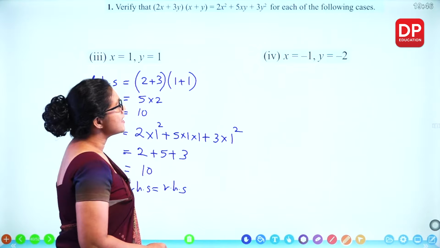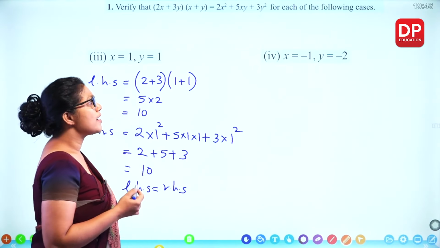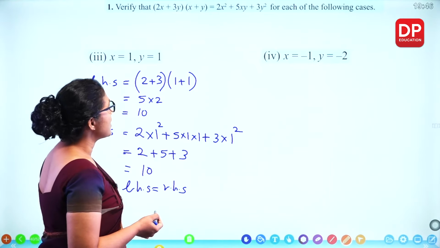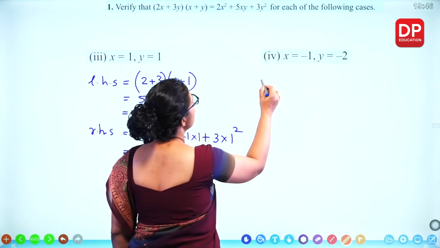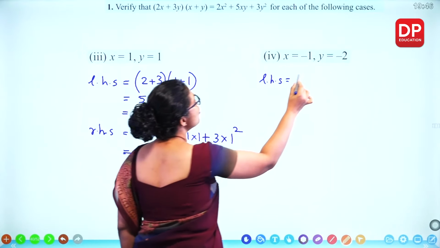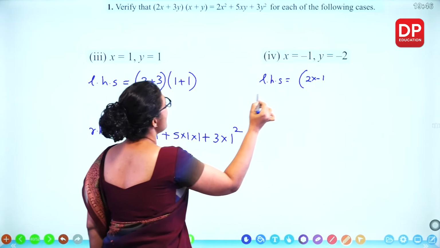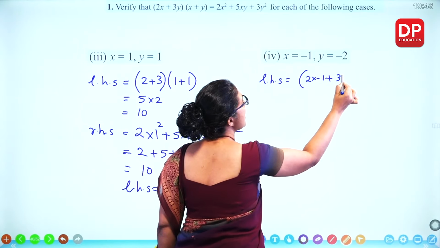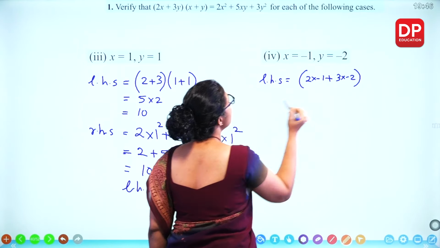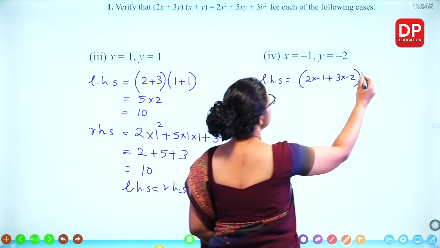Now we'll take the next one. You get minus values. When you have minus values, make sure that you put brackets. So the left hand side becomes 2 times minus 1 plus 3 times minus 2. I'll write this down because you get minus values. Now what's the next bracket?